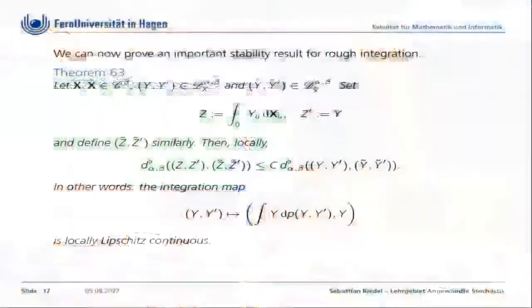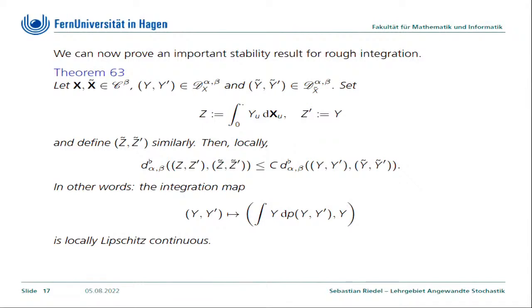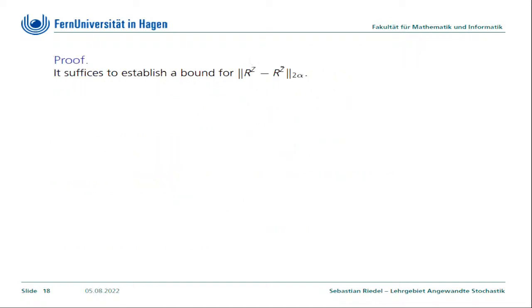So in other words, I told you that already, the rough integration map is a locally Lipschitz continuous function on this metric space. Okay, this we can prove.